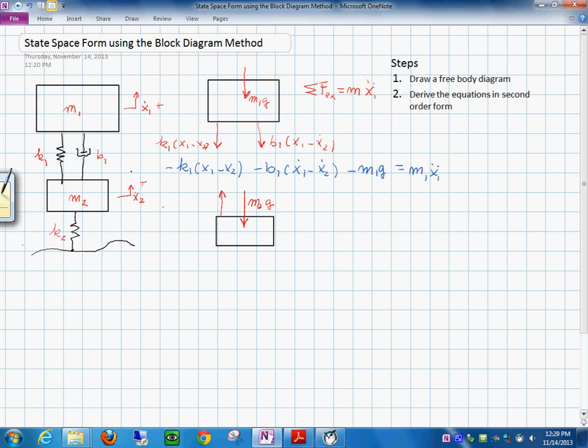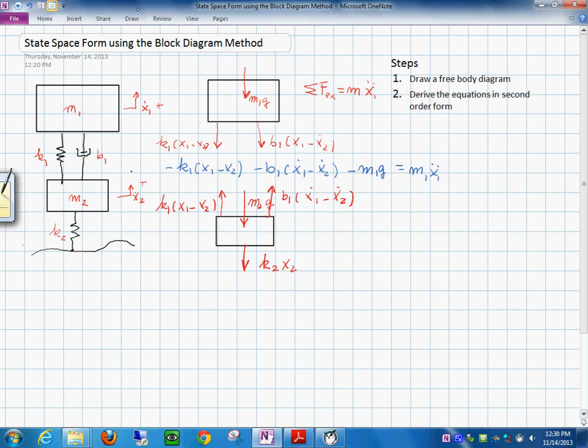So this would be the k sub 1 times x sub 1 minus x sub 2 over here, and on this side you're going to have the other one, which would be b sub 1 times x sub 1 dot minus x sub 2 dot, but now in the positive direction as opposed to the negative direction. But this one is going to have one that pulls it, and this is k sub 2 times x sub 2, like that.